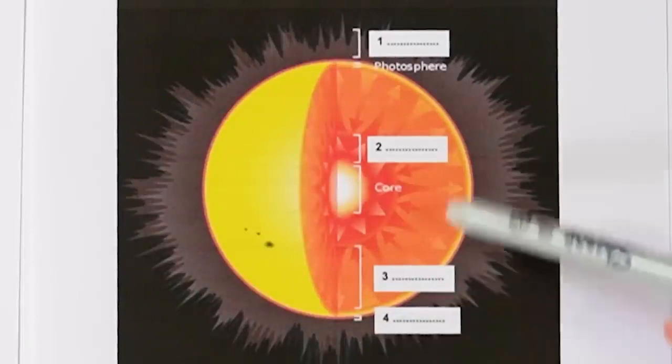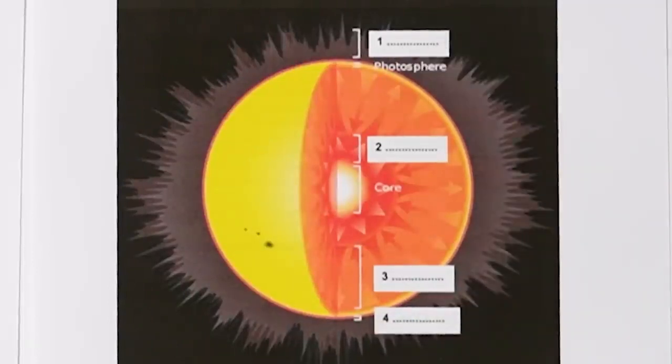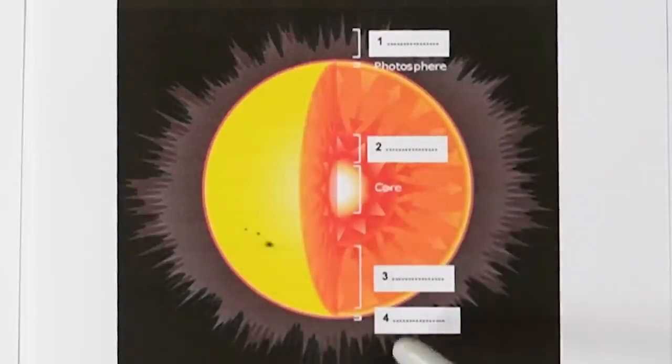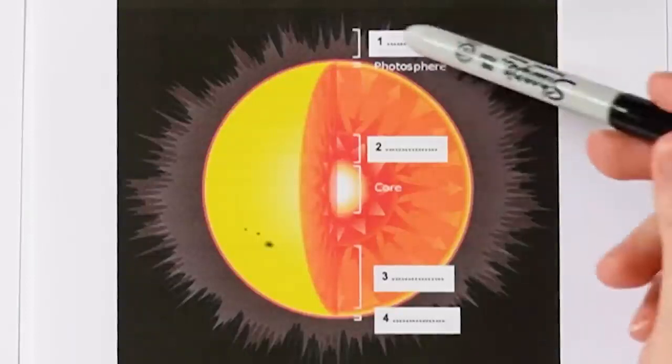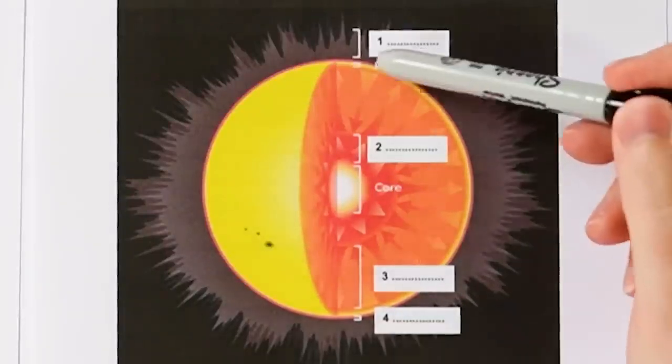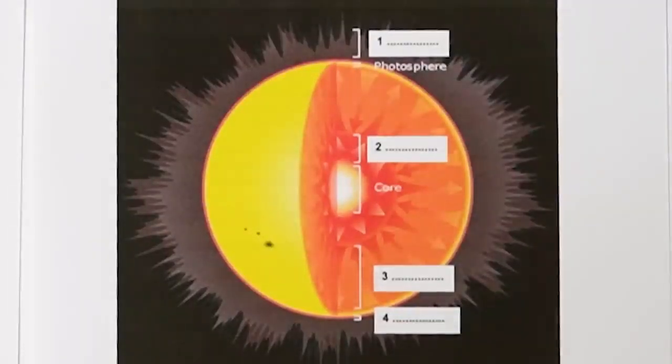What I've also noticed is that 1 is slightly below the surface, below this kind of pink line, and 4 is the pink line right at the surface. So I need to look for things that are differentiating these different layers. So the pink surrounding layer and the one just below it.